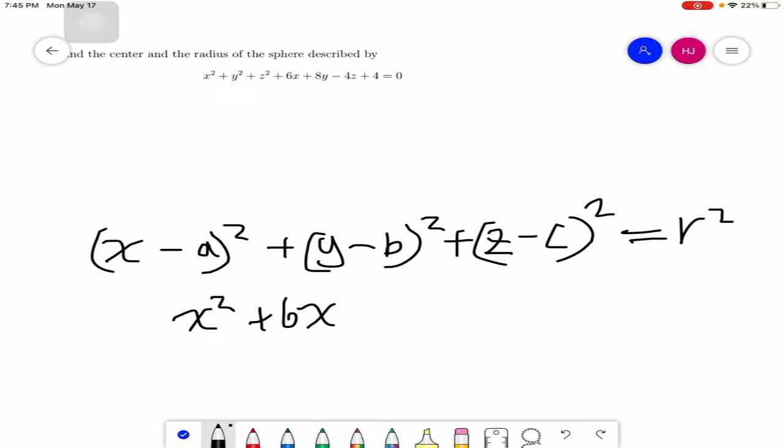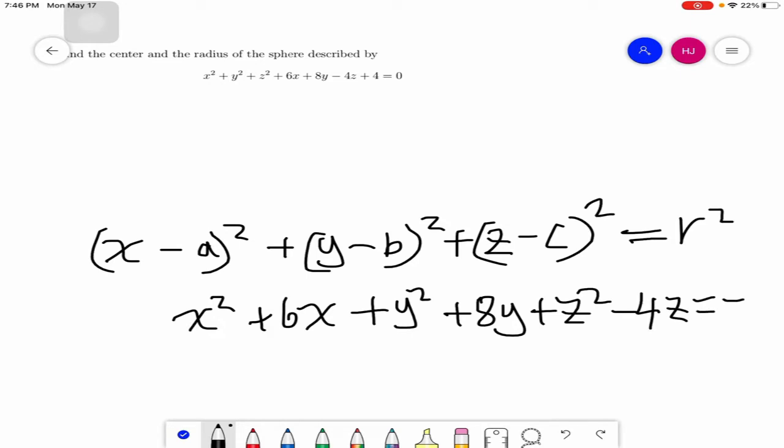So I have x squared plus 6x plus y squared plus 8y plus z squared minus 4z equal to -4. I'm going to move the -4 to the other side.